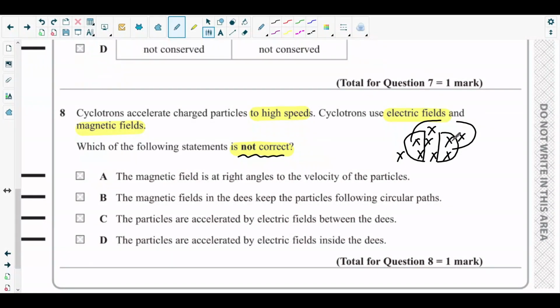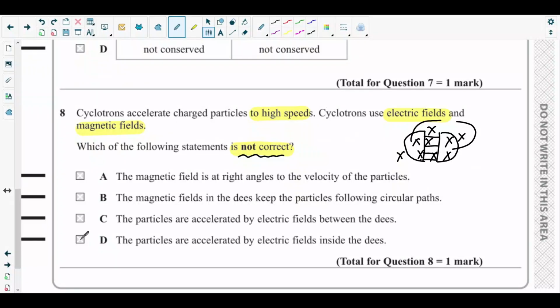One is connected to positive end, another one is connected to negative end. So as they are connected, electric field will form between them, right? Between the Ds. So this is true for cyclotron. So C is not the answer.